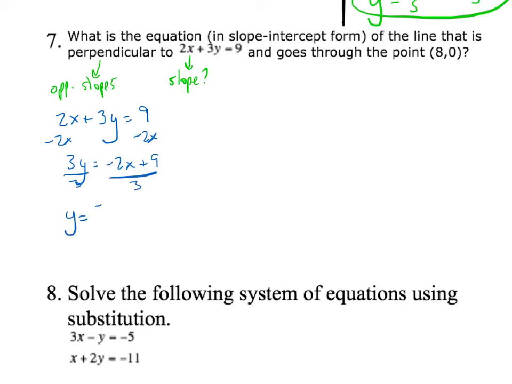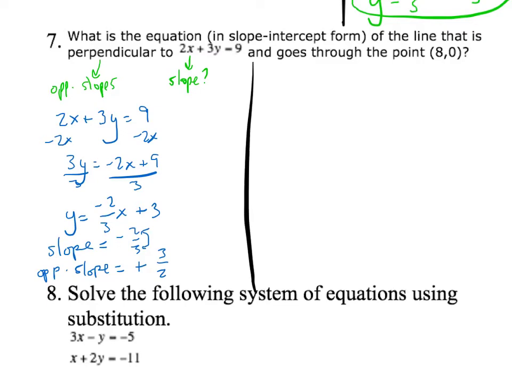You get y equals negative 2/3 x plus 3. The slope here is negative 2/3. The opposite slope is positive, because this one was negative, 3/2. You just flip this.